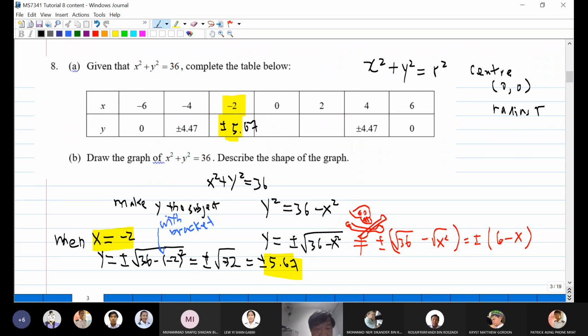Okay, you can also find what happens when x equals 0. When x equals 0, y equal to plus or minus square root of 36 minus 0 squared, which is plus or minus square root of 36, which is plus or minus 6 now.